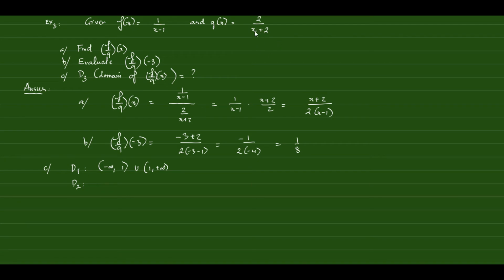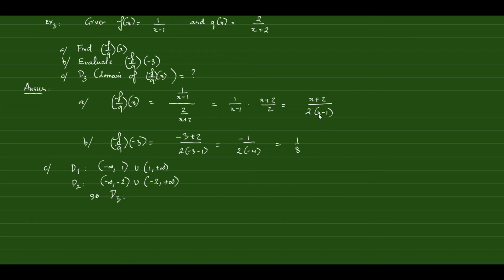You cannot define it at -2. Now, because you cannot define it at 1, and you cannot define it at -2, in order to find D3, you have to look at these domains. At -2 it is still defined.